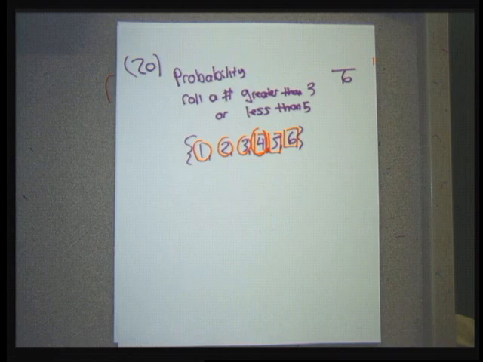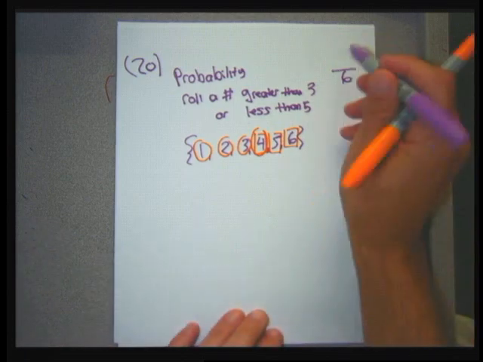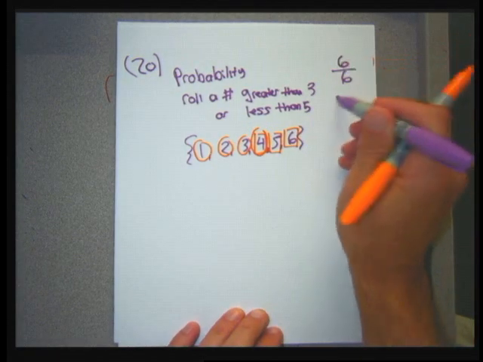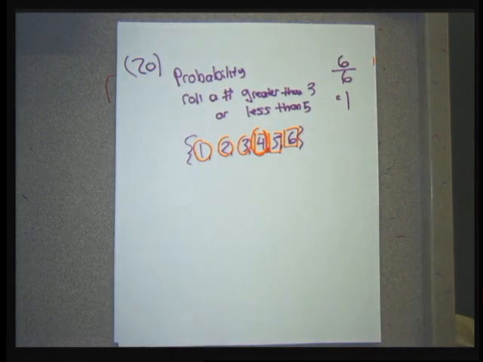Any one of those numbers, if they came up, would be considered a success, that I've either rolled a number greater than 3, less than 5, or both. So the numerator for this particular answer should be 6. There's a 100% chance of rolling a number that's either greater than 3 or less than 5. There's no number that I can roll that is both greater than 3 and less than 5.